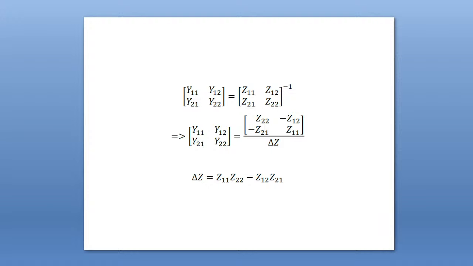You see that y11 equals z22 divided by the determinant of that matrix, that is z11 z22 minus z12 z21. So y11 equals z22 divided by the product of z11 and z22 minus the product of z12 and z21. You verify yourself.